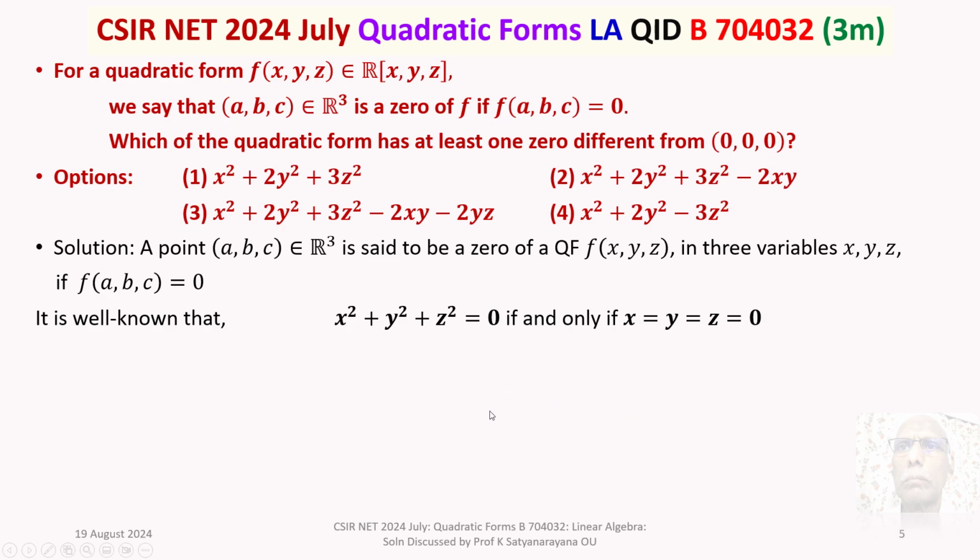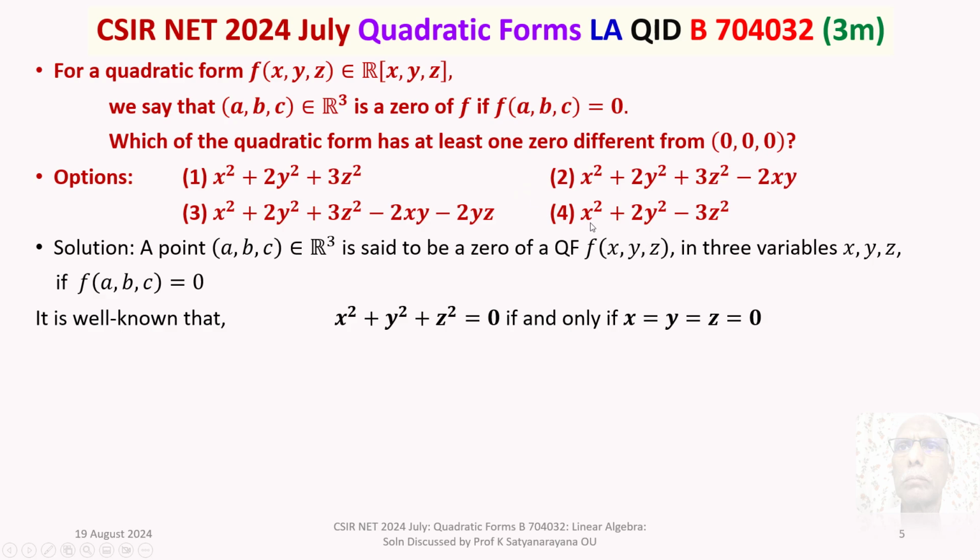Right. But before entering into further discussion of the 4 quadratic forms that you are seeing here, for the 4th quadratic form we have a zero at a non-zero vector (1, 1, 1).